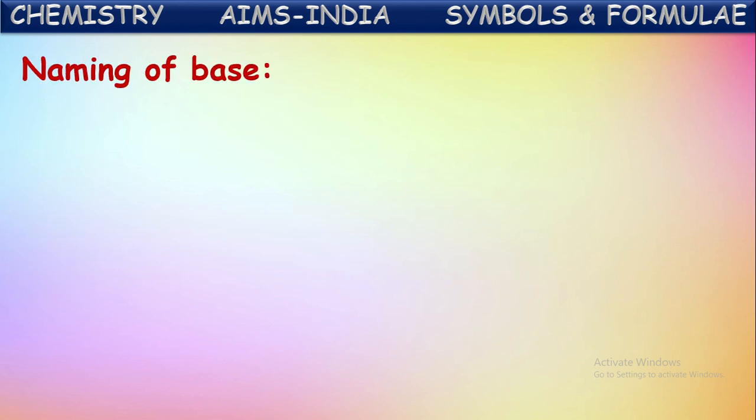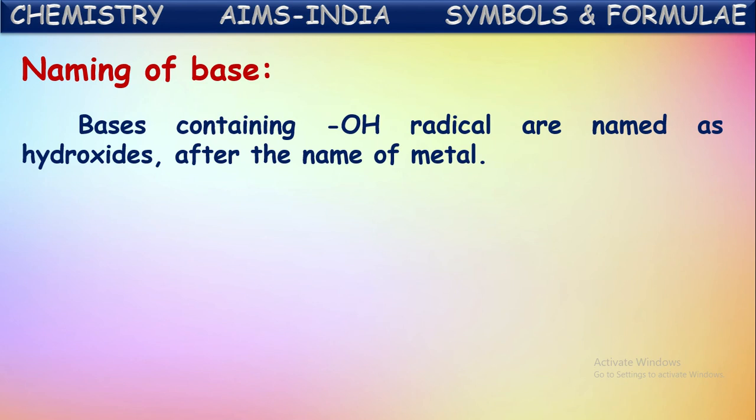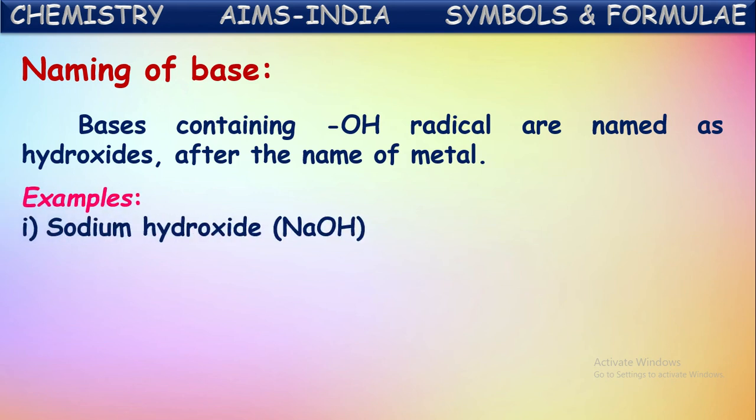Now, naming of bases. Bases containing OH group or OH radical are named as hydroxides after the name of the metal present in the compound. For example, NaOH: in this, the hydroxide radical is there. It can be named with hydroxide at the end of the metal element sodium's name.